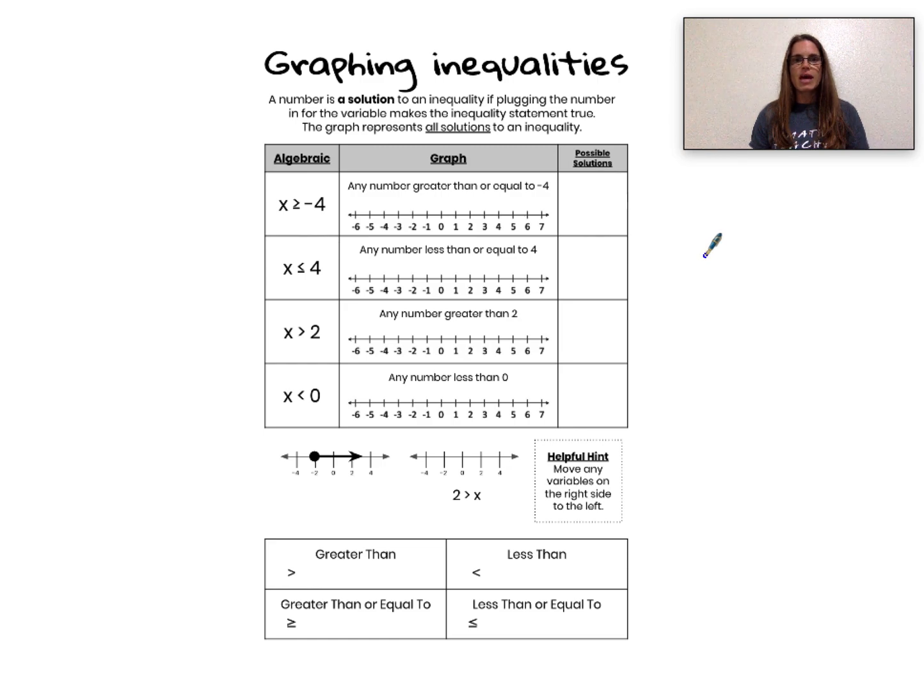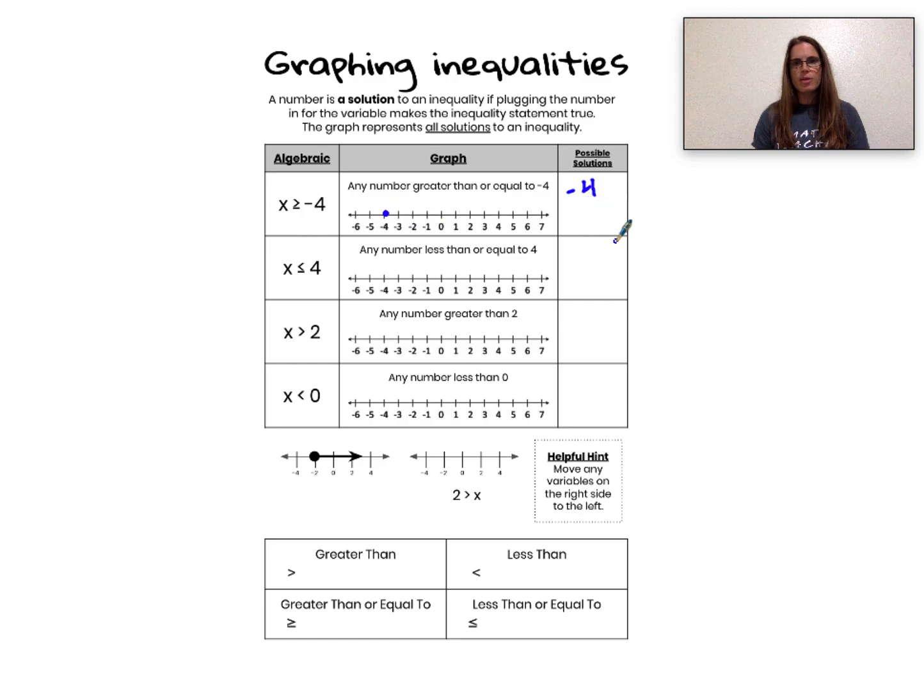That statement, x is greater than or equal to -4, represents any number that is greater than or equal to -4. For example, -4 is one possible solution. -4 equals -4, so -4 is certainly greater than or equal to -4. I can indicate that it's a solution by putting a dot on my number line.